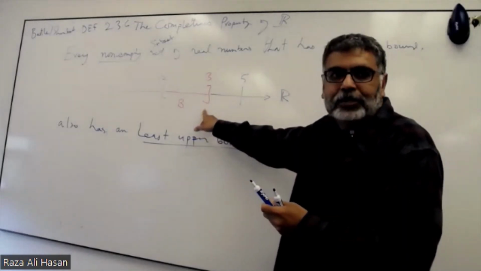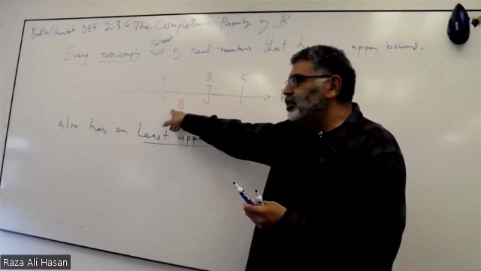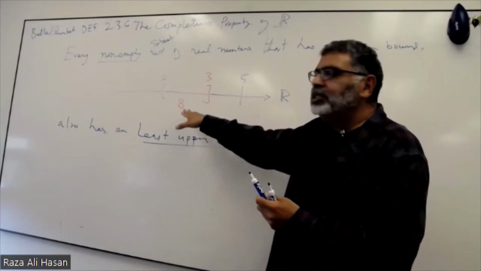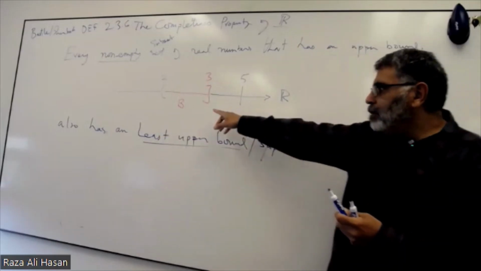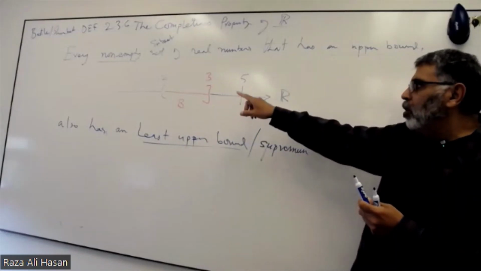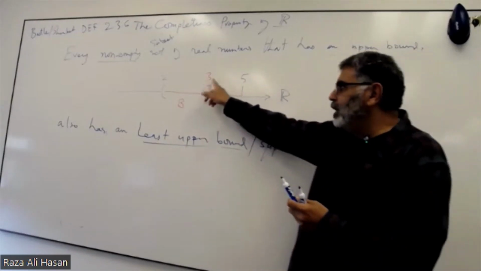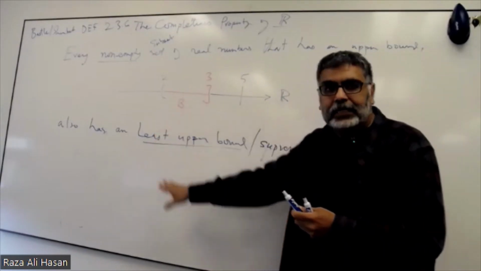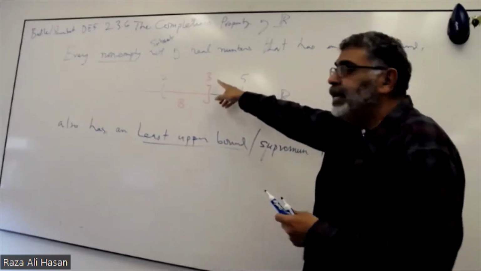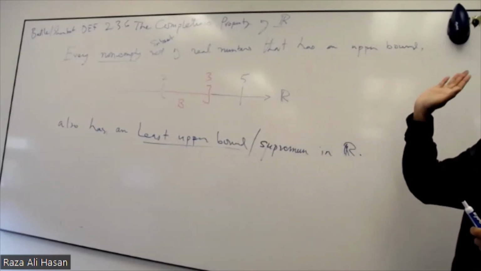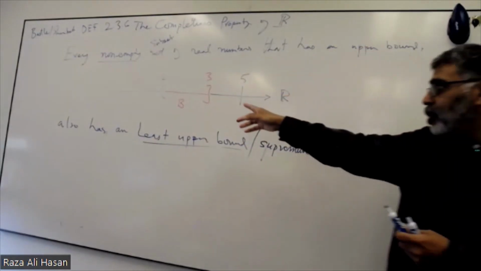Why is 3 an upper bound? Because all elements of set B are smaller or equal to 3. All elements of set B are smaller or equal to 5. So therefore, 5 and 3 are upper bounds to this set. This is the least upper bound because it is the smallest of the upper bounds. It's the leftmost. Therefore, yes.